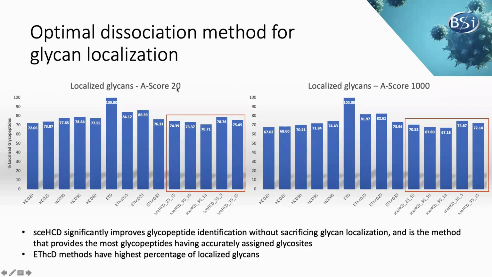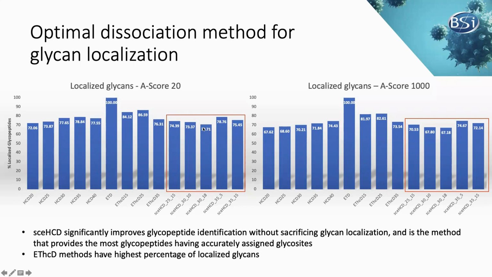An A-score of 20 is equivalent to a p-value of 0.01, and the maximum A-score is 1,000, which indicates that there are no other possible sites where that glycan can modify an amino acid within the peptide. And so overall, the step collision energy HCD improved glycopeptide identification without really sacrificing glycan localization.